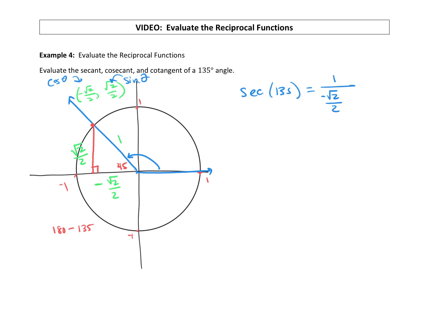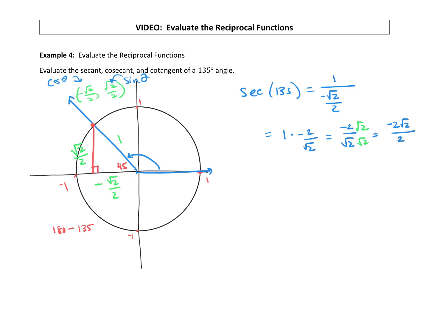Okay, well, we're not going to leave it like that. You can't leave a fraction in a fraction, so of course we have a little bit of work to do. You take your numerator 1, multiply by the reciprocal, a negative 2 over root 2. That is just a negative 2 over root 2, and then we have to rationalize. That leaves us with a negative 2 root 2 over square root of 2 times square root of 2 is 2.